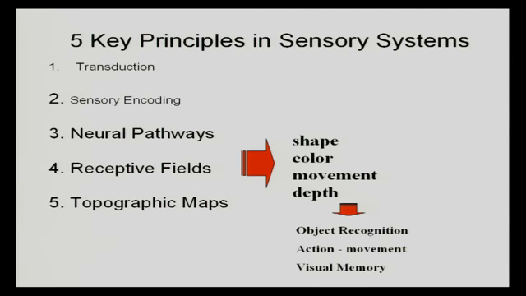And remember, we put this into the perspective of saying that we wanted to look at transduction, sensory encoding, and then neural pathways, receptive fields, and topographic maps are those things, when they're combined, lead to our perception of shapes and colors and depth, and to these higher level parts of object recognition.